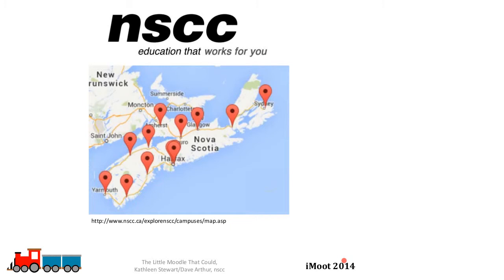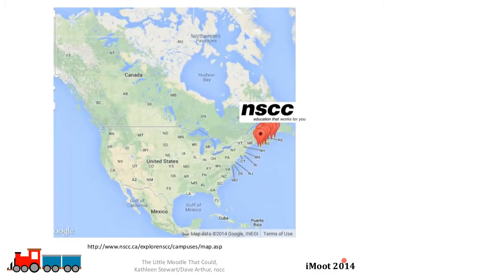So if you don't recognize Nova Scotia, perhaps you'll recognize North America. So there's the Nova Scotia Community College on the east coast of North America. We're in Canada, and because the pins don't scale very well, we're suddenly very big in relation to the map. And to take it even further, here we are in the world.